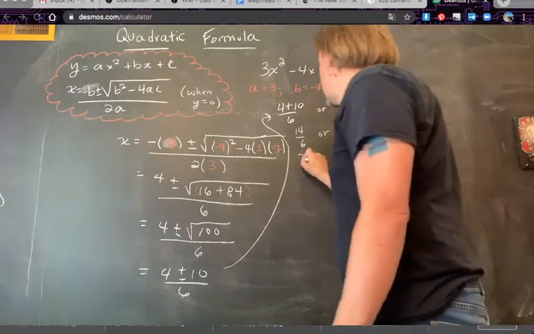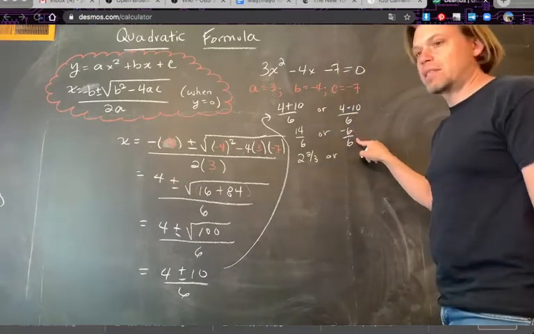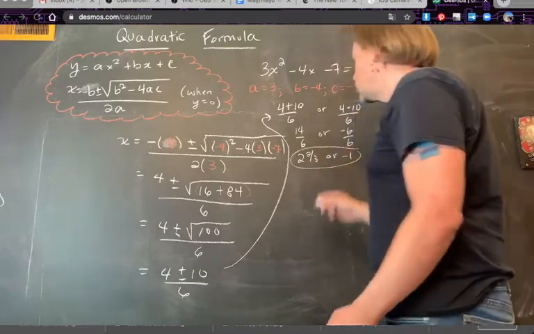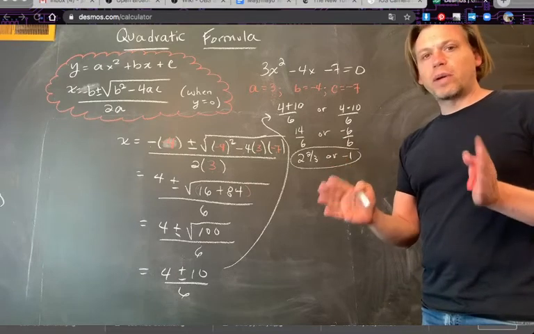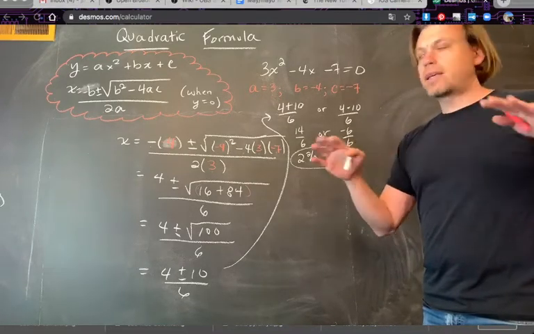Crazy, right? Or negative 6 divided by 6, negative 1. Those are our 2 answers, which were the 2 points where our graph crossed the x-axis.